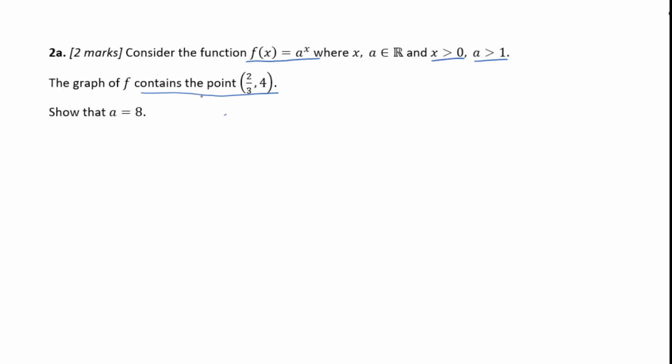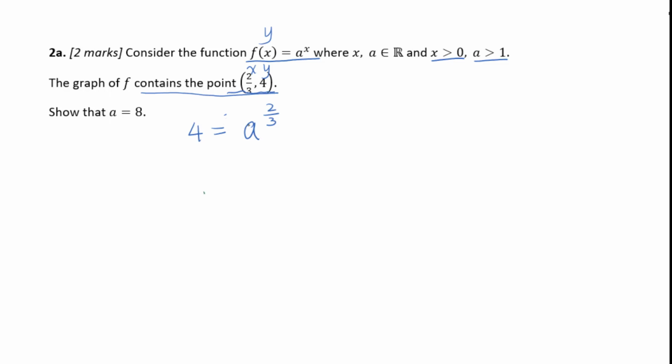Whenever you see the point is on the graph or the graph passing through a point, you just need to plug in. This is x, here is y. f of x is y. So we will get 4 equals a to the 2 over 3rd power.